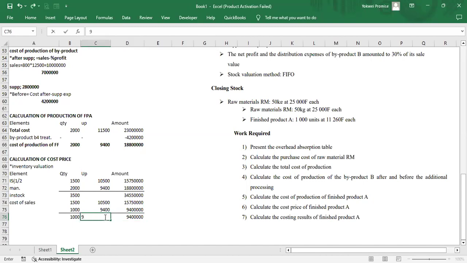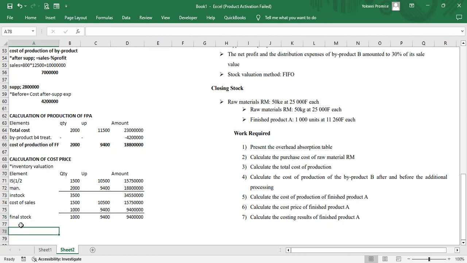When you divide it from 9,400, please punch it at your own end to confirm. So this is the final stock that we have here.